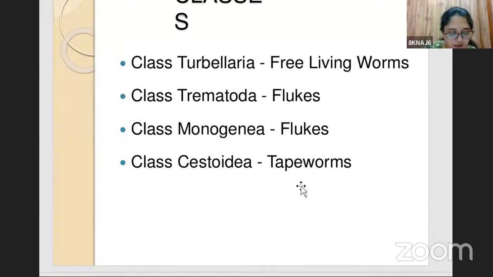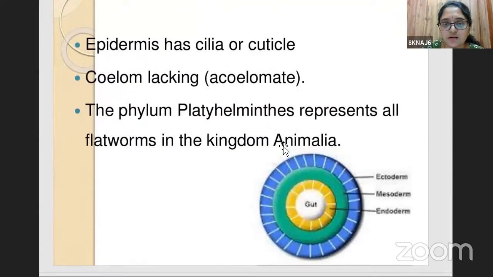Again, some of them, the parasites especially, hold to the host body. They have chitinous hooks and suckers for attachment. The space between all the various organs that are present is filled with a connective tissue, which is known as parenchyma. You have cilia or a cuticle present on the epidermis, and locomotion is by cilia in certain larvae and by the contraction of muscles in adults.